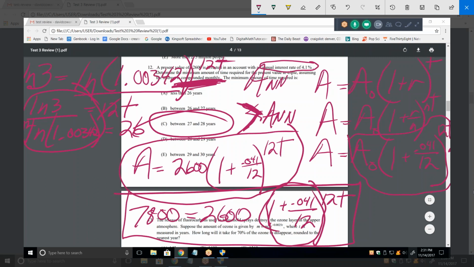Okay? So they don't really want this answer. They want a number, and they don't want to have to tell you how many decimals to round it off to or anything. So they give you these ranges, so you can put it in one of those ranges.